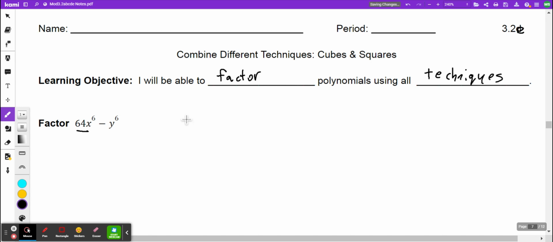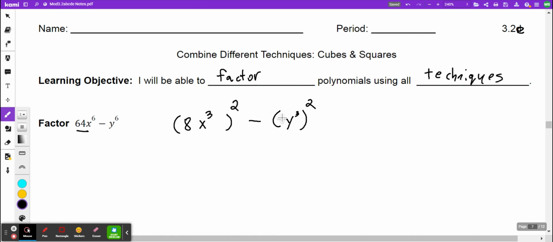I know that 8 squared is 64, so I'm going to make this into the difference of two squares. So 8 times x, and I'd have to do it to the third power. Now this is going to be y to the third power squared right there.